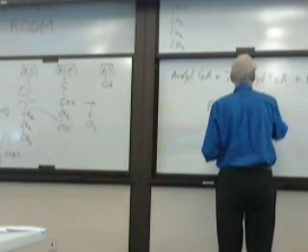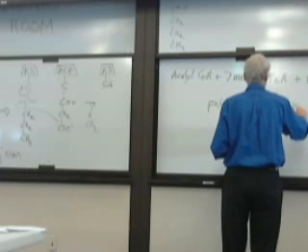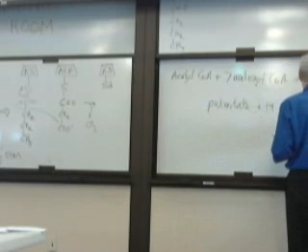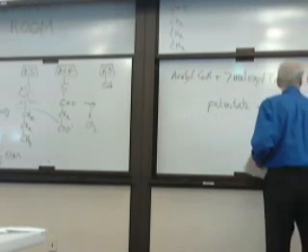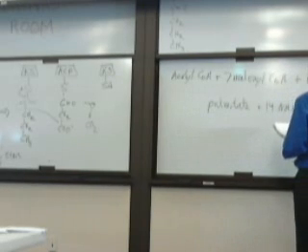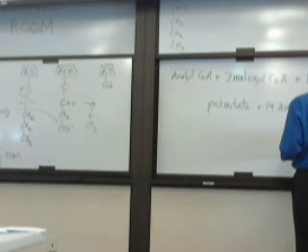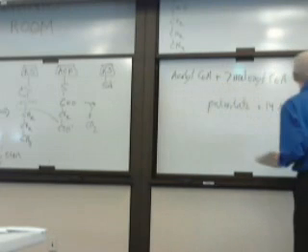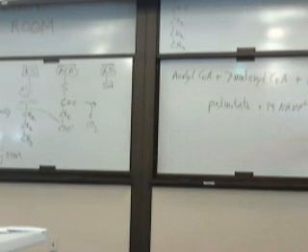It's going to give us 14 NADP plus molecules, 7 molecules of carbon dioxide, plus 8 molecules of coenzyme A, 1 from this coenzyme A, 7 from that one, and I think 6 waters.